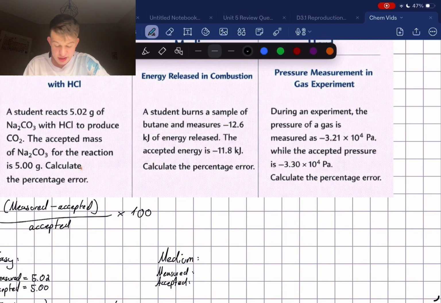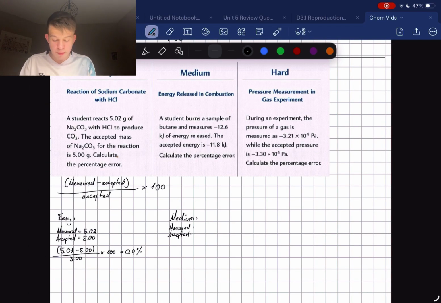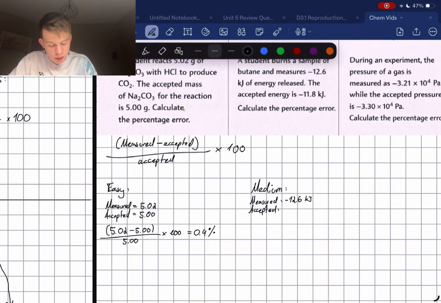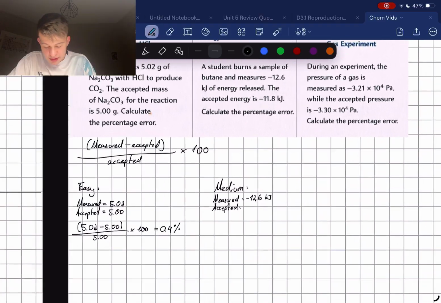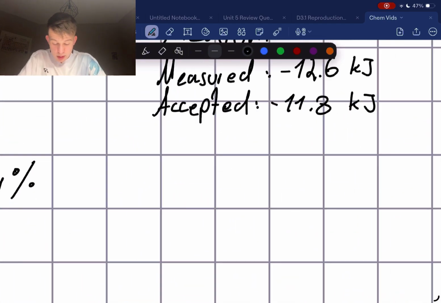The accepted energy is negative 11.8 kilojoules. Calculate the percentage error. So we know our measured one is negative 12.6 kilojoules, and the accepted one is negative 11.8 kilojoules.